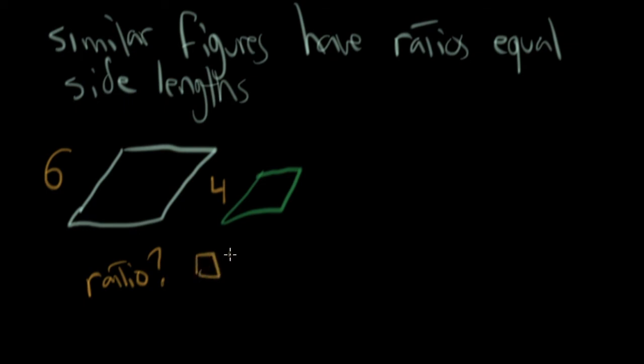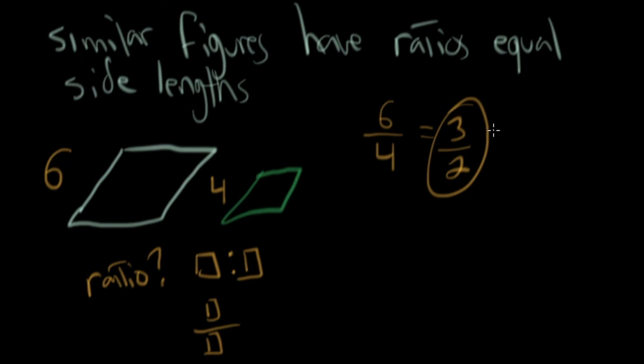So we're just comparing a couple things. You can also see them literally as a fraction. So for this one, I'm making it pretty obvious. If I had to compare them, it would be 6 to 4. And of course, we'd simplify this to 3 over 2. So we would say that would be the ratio, 3 to 2, of the perimeter.